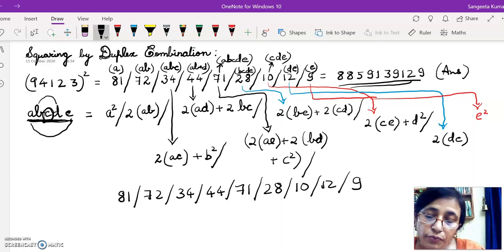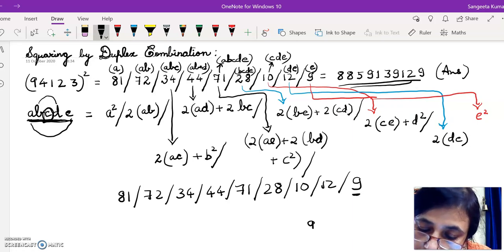Now, how do we find the total? For the total, from every part, we have to take the number in the units place. If there are 2 digits in any part, the other digit will be carried over for addition with the next part to its left. So the answer, this 9 will come down as it is.